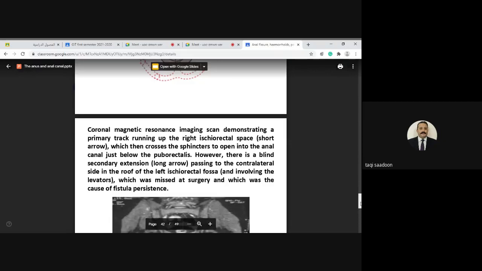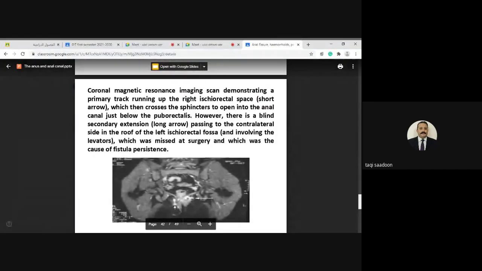In the diagnosis of perianal fistula, as we said before, we must examine properly. Sometimes contrast studies were used, but nowadays diagnosis is by MRI, magnetic resonance imaging, for diagnosis of perianal fistula. This is very important. MRI.